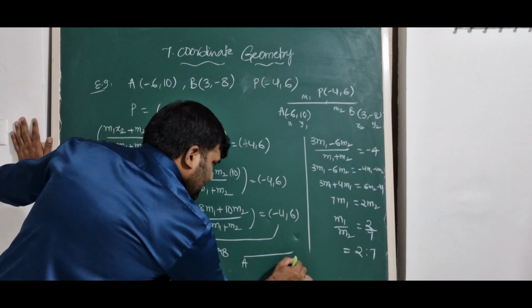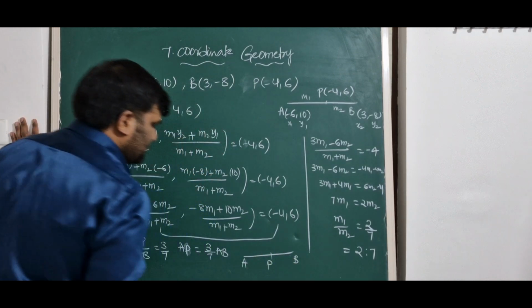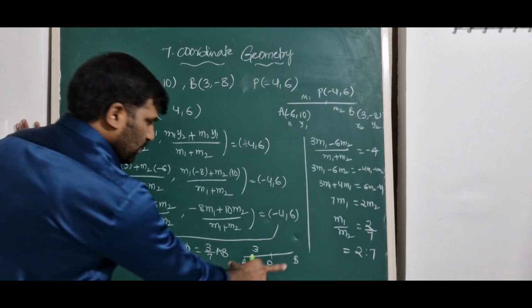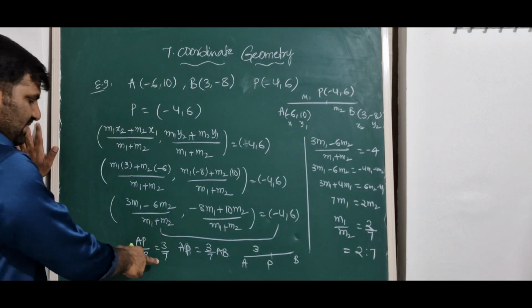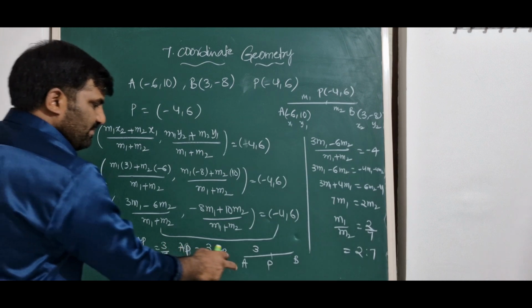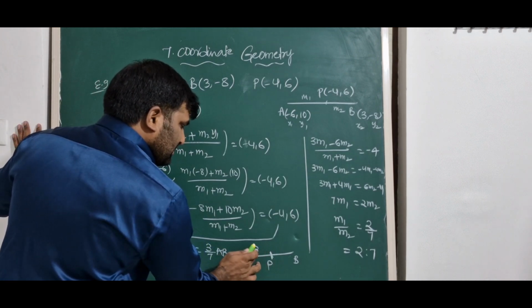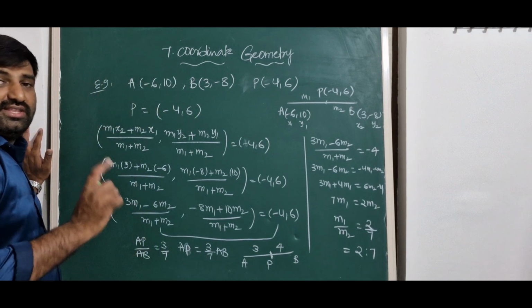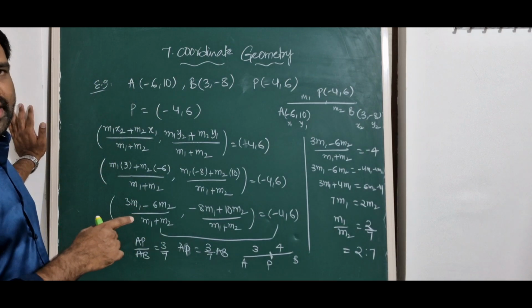A is here, B is here, P is somewhere. AP is 3 parts and AB is the whole, which is 7 parts, but we should find the ratio of AP and PB. So you take the 3:4 ratio, not 3:7. This is also one of the most important questions.